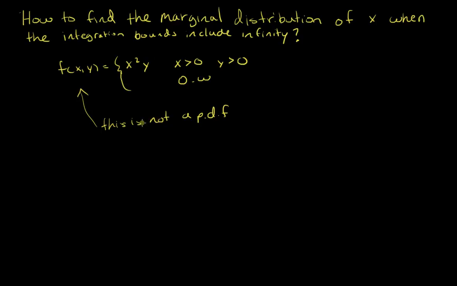A probability distribution function has a very special property wherein if I were to integrate over it with regards to x and y, I should get 1. It's a very important property. We should never forget it. So if I integrate, the total area under the curve, or the total probability, should equal 1.